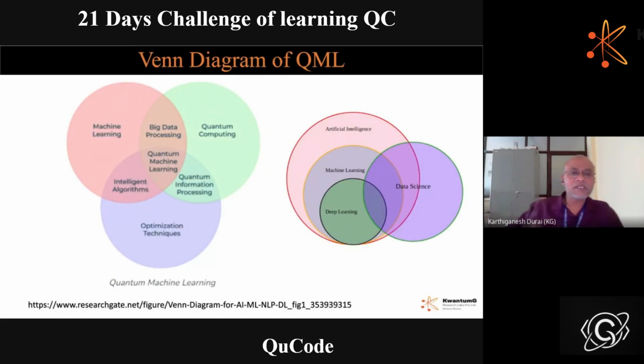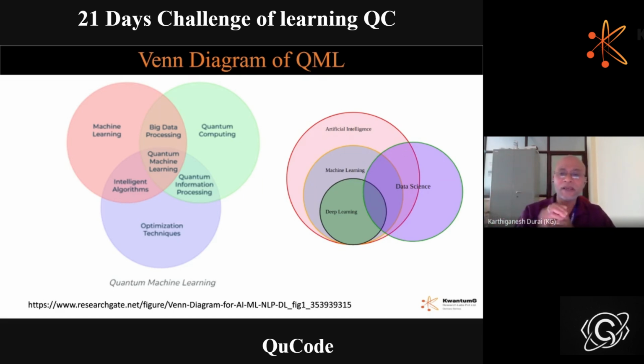it is the intersection of machine learning, quantum computing, and optimization techniques. Those coming from classical machine learning already know the intersection of data science, AI, ML, DL, RNN, or RL, all those things, as a Venn diagram.